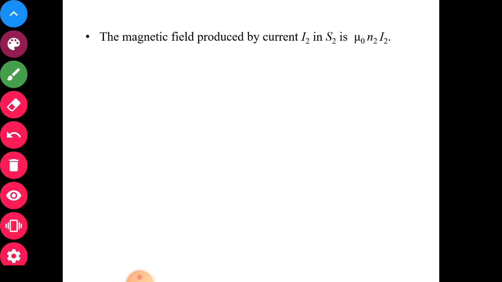Try to understand: the magnetic field produced by the current I2 in the second solenoid is the magnetic field of a solenoid. You must always keep in mind that the magnetic field of a solenoid is given by mu 0 n I. For the second solenoid, it is mu 0 n2 I2. What is n2?